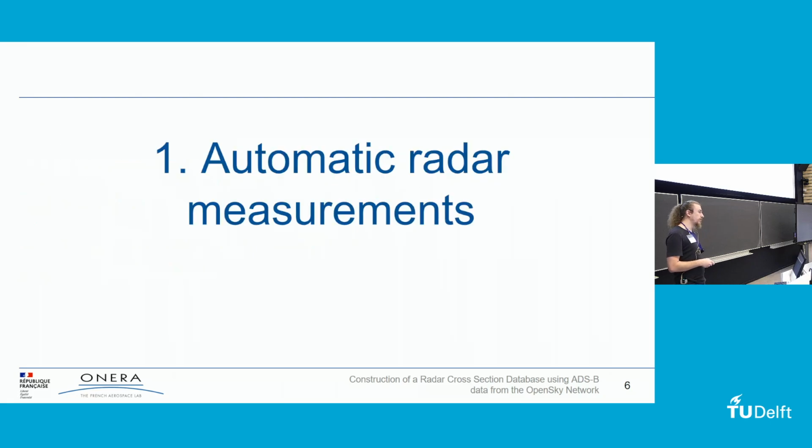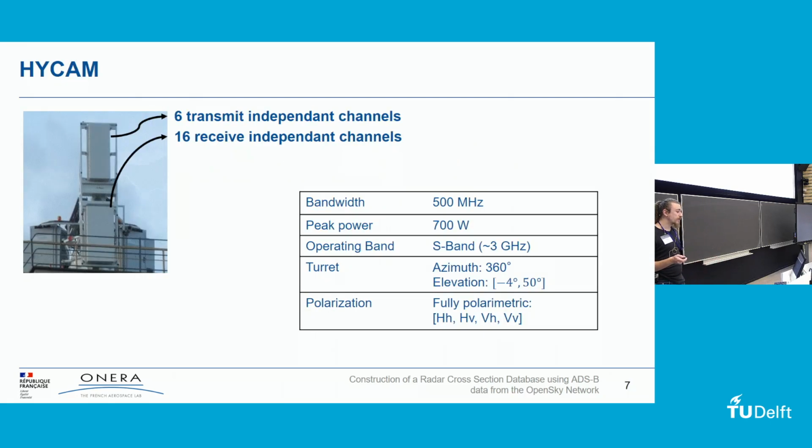So how do we go about making automatic radar measurements? We use a radar called HYCAM. It's a testbed radar, not the usual radar you'll see in an airport. It has 6 independent transmit channels, 16 independent receive channels.